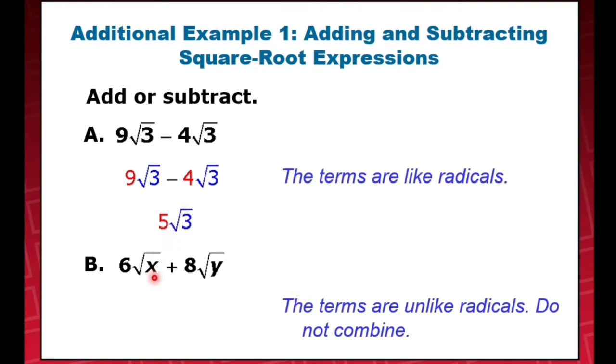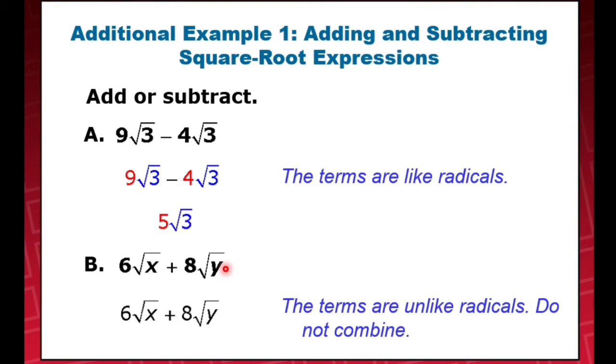Because the radicand here is x, while the radicand here is y. So therefore, since they are unlike radicals, we cannot combine them. Sabi dito, the terms are unlike radicals, so do not combine. So, ganun lang siya. We cannot combine two radicals that are unlike.